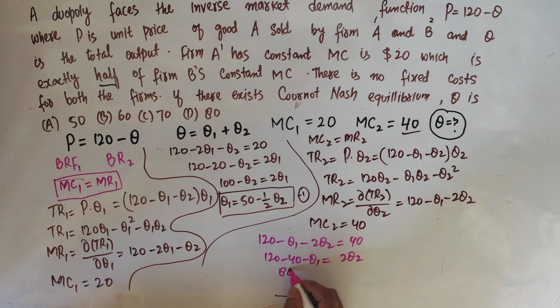That means Q will be equal to Q1 plus Q2. The total output of the duopoly market will be equal to Q1, which is 35, plus Q2, which I calculated as 30. Did I solve it correctly or not?